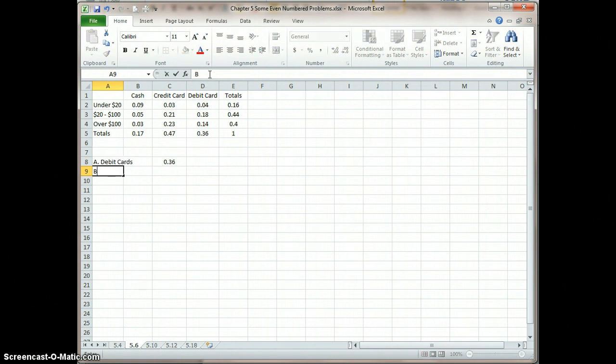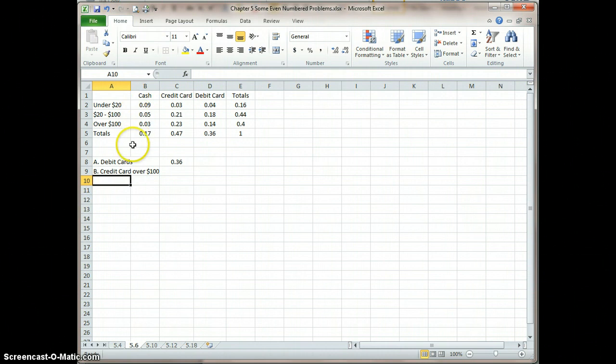Debit cards. B would be credit card over $100. Again, I'll make that just a little bit bigger.